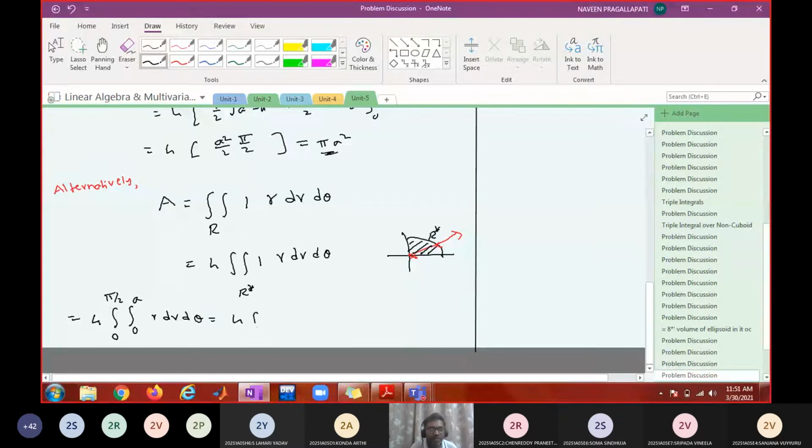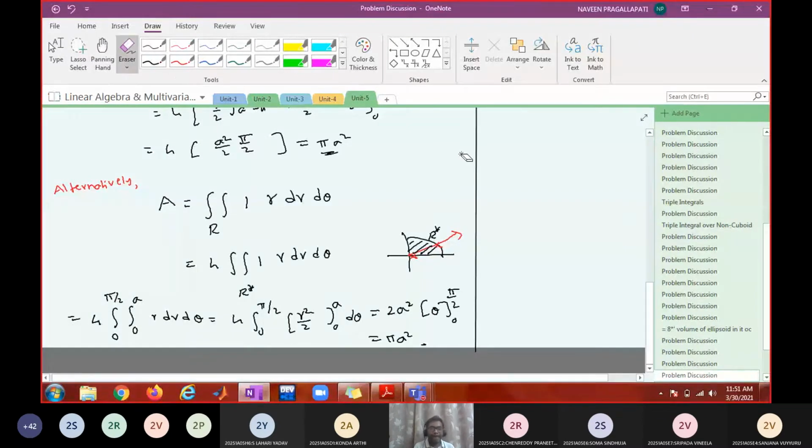So this is 4 times the integral from 0 to pi by 2. The r integration is r square by 2 with limits from 0 to a, d theta. So 4 by 2 is 2 a square. Integration of 1 is theta from 0 to pi by 2. So this is pi a square. So you can do it in this way also through the polar coordinate system.